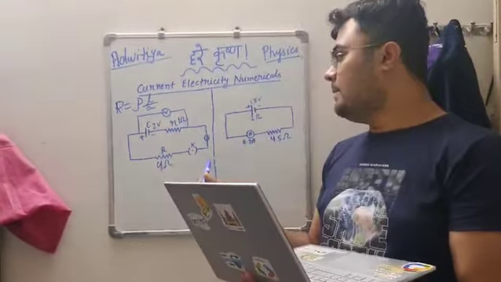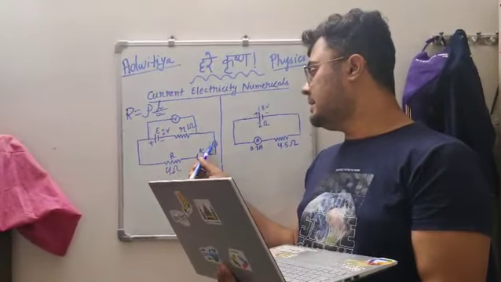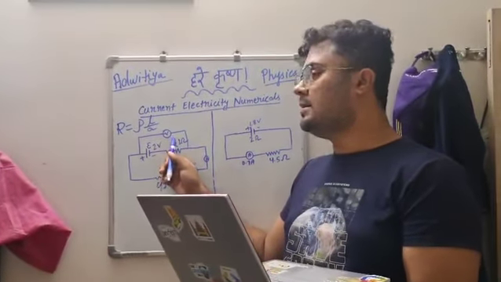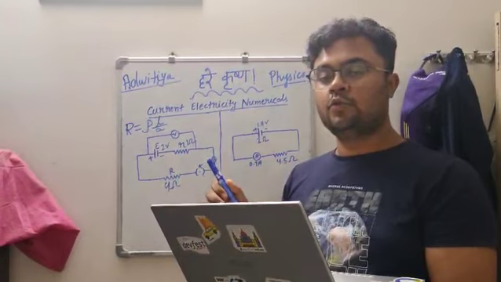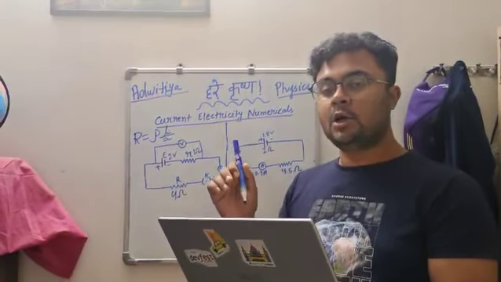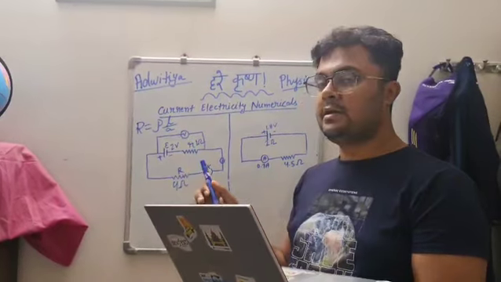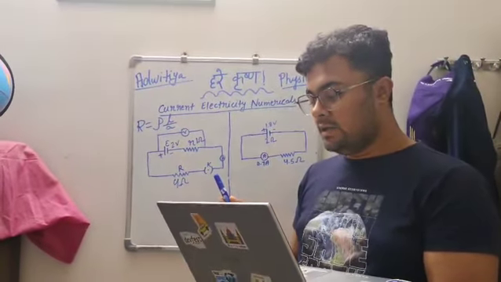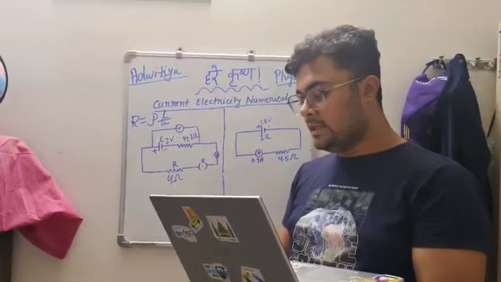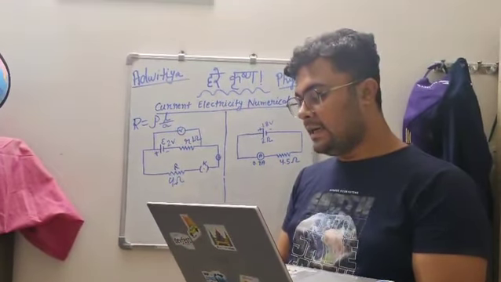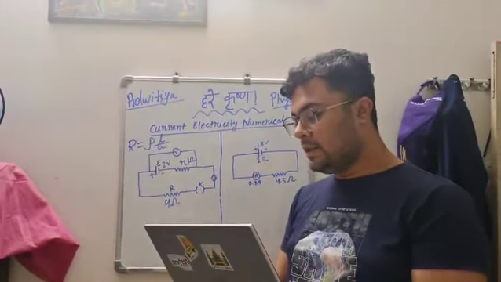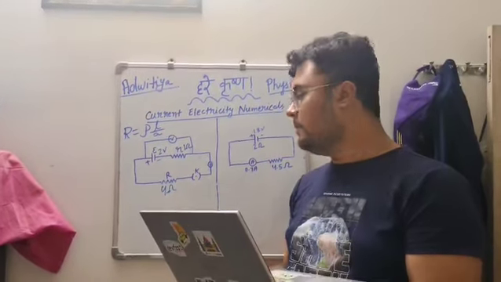The ammeter A is connected in series, the voltmeter V is connected in parallel, and this is true for all cases. Now, what will be the readings of the ammeter and voltmeter when the key is open?